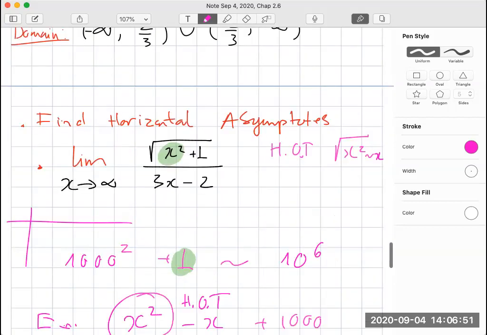And here, the highest order of the denominator is this guy, right? So we see that this fraction, the numerator and denominator have the same orders. So when it approaches infinity, it will be infinity over infinity. We don't know what to do yet, okay? But what we can do is to divide both denominator and numerator by the highest order one, right?